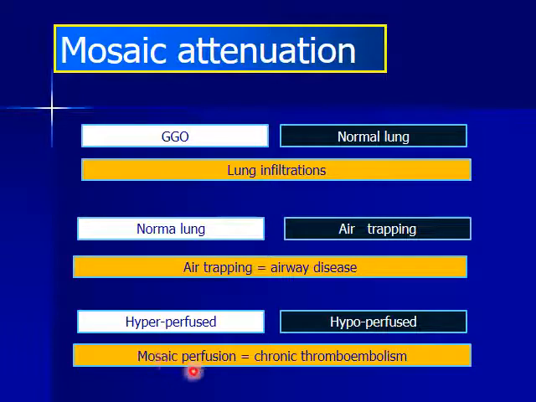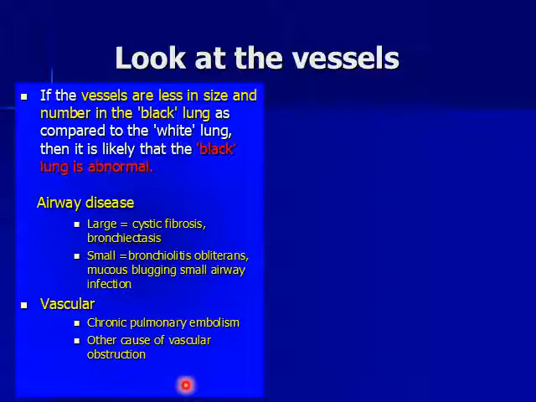This is called mosaic perfusion. The big term is mosaic attenuation. But if this mosaic attenuation is due to chronic thromboembolism, we can use the term mosaic perfusion. But it is correct for you to say that we have mosaic attenuation of the lung. So we have three scenarios. How to differentiate?